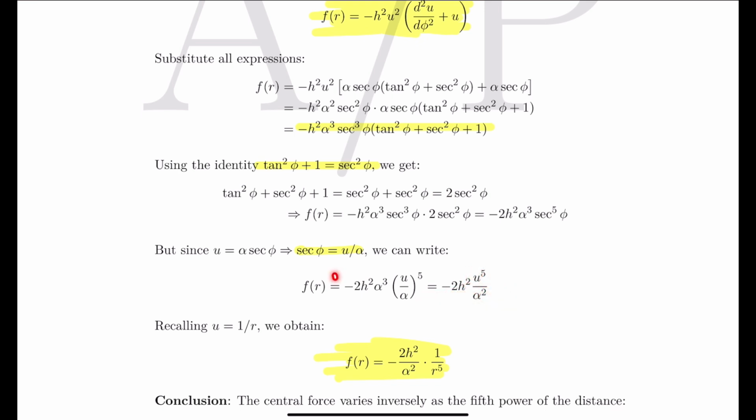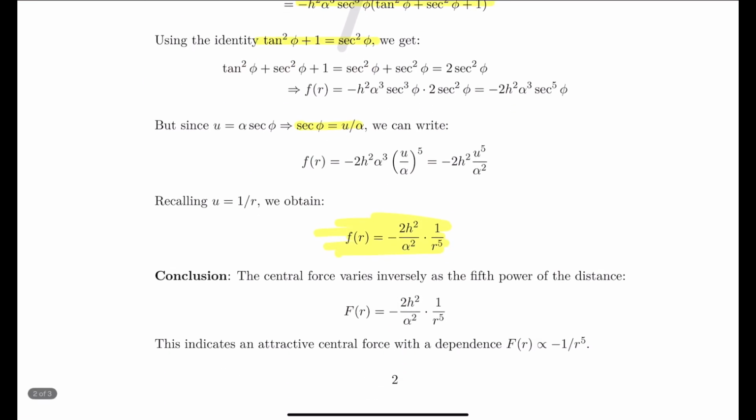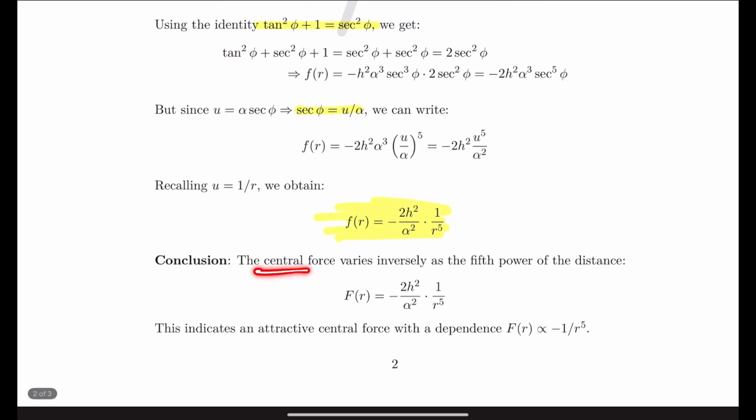This is how the function F looks, and u is nothing but 1 by r. So we finally get minus 2h square divided by alpha square multiplied by 1 divided by r to the power 5. So this central force is inversely proportional to the fifth power of the distance, which is given by this expression.